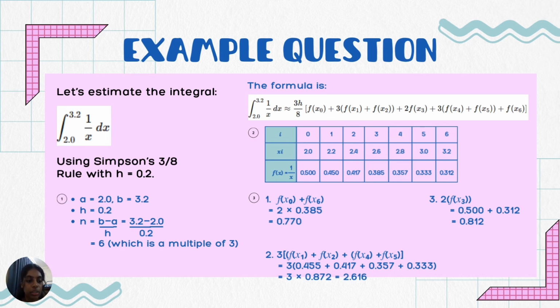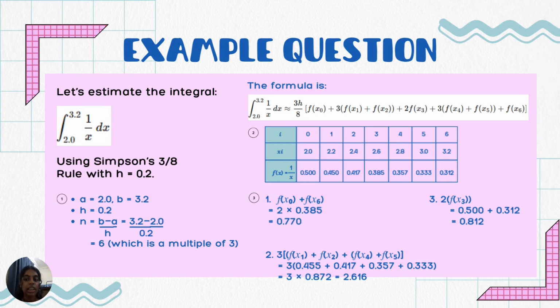We have a equals 2.0, b equals 3.2, h equals 0.2, and to obtain n, we should do (b minus a) over h, which is (3.2 minus 2.0) over 0.2, and equals 6, which is a multiple of 3. And this is the formula.